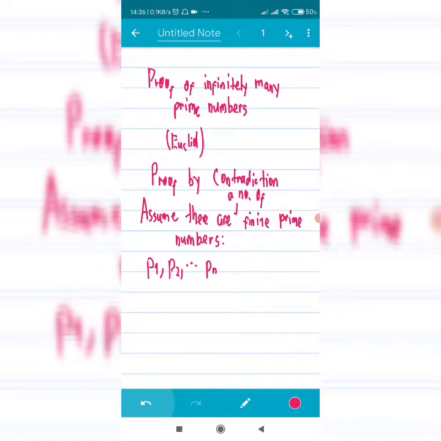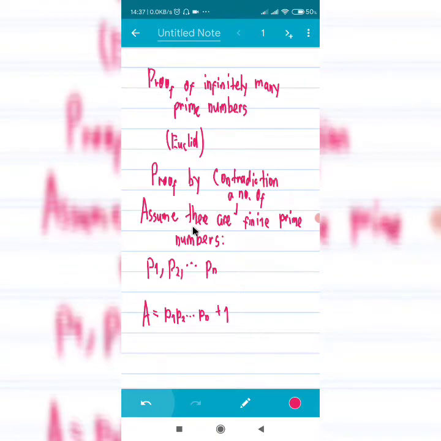So we're going to introduce another number. Let's say the number is capital A, and we're going to derive it as the product of all the prime numbers, P1 times P2 all the way to Pn, and then we add plus 1. What's important about this plus 1 we're going to see later.